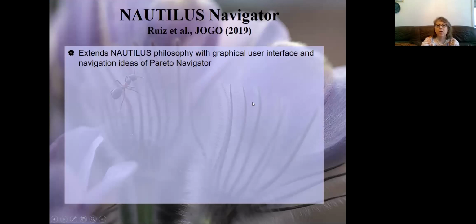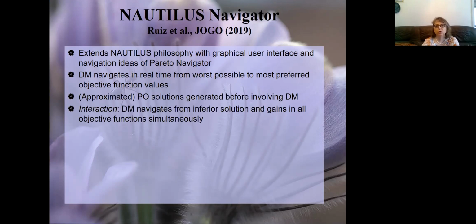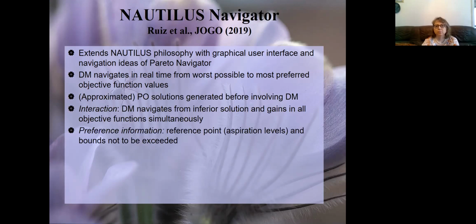Nautilus Navigator is one more method that combines ideas from the Nautilus philosophy and the navigation kind of user interface, so that once again the decision maker can in real time see the changes. But in this way, the idea is to show the reachable ranges, how they keep shrinking when we approach Pareto optimal solutions, so that the preference information, once again, is desirable function values, and one can also provide some bounds.